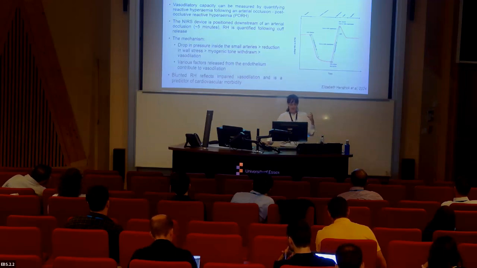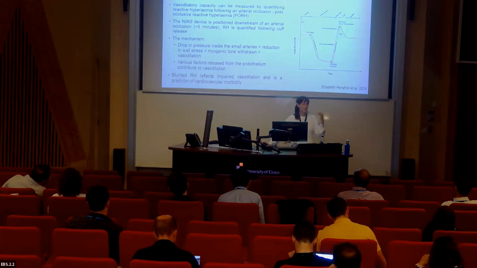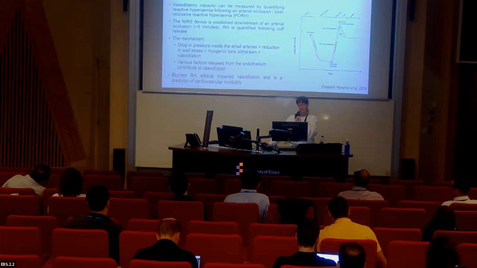So you can see in this nice schematic here on the right-hand side, you can see baseline. So these are just the changes that you might see in your oxy-HB signal or your TSI signal during the ischemic phase and then during the reperfusion.